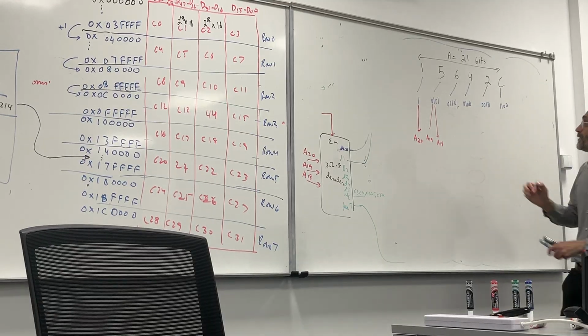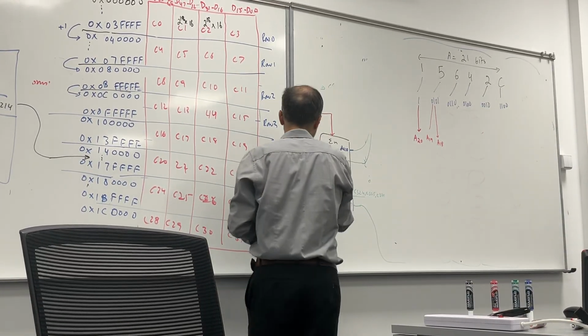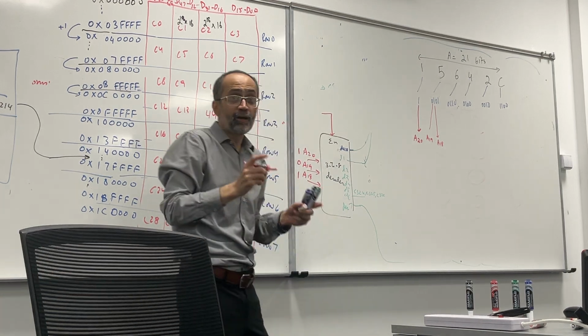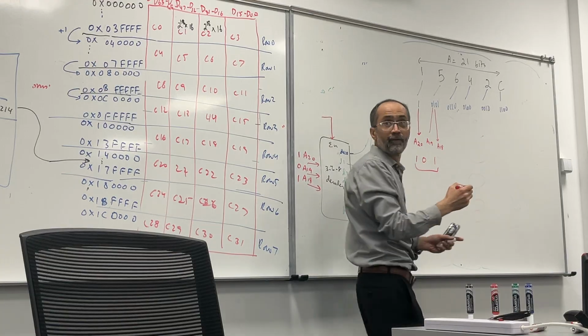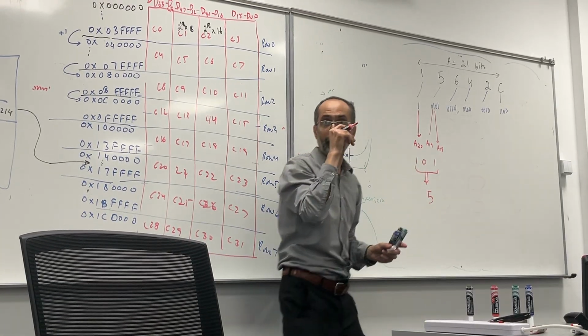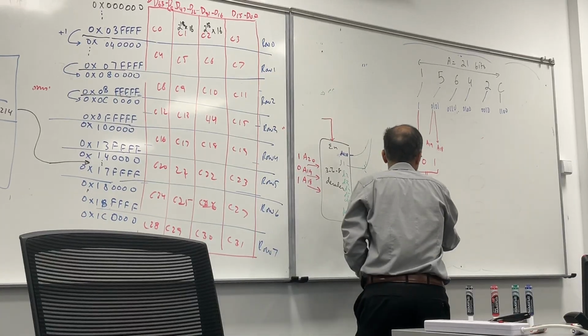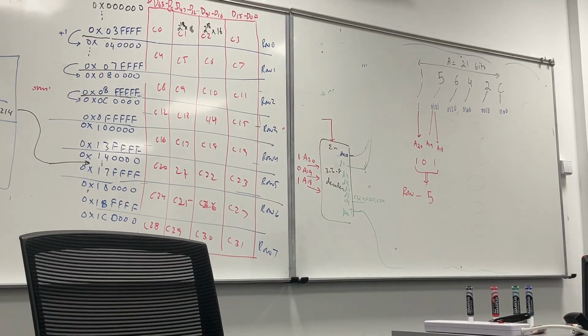A18. So can you see? This is actually 101, so A20 is 1, then 0 and 1. If we convert 101 in binary, what is this thingy? 5. And which row will be enabled? Clear or not clear? Any question? Clear? So now row 5 will be enabled.